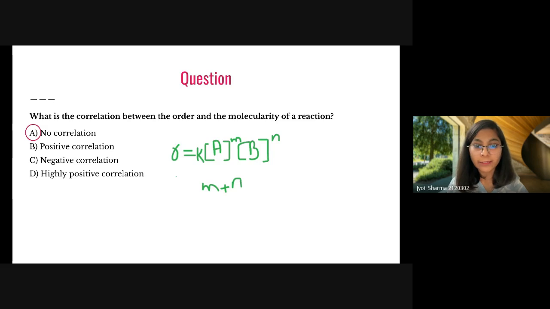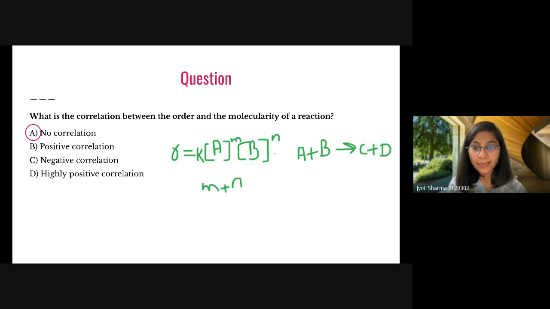If I draw one balanced equation here, A plus B is giving you C plus D, right? Your reactants are A plus B, and the rate is the product of the concentrations of your reactants, with the powers m and n.